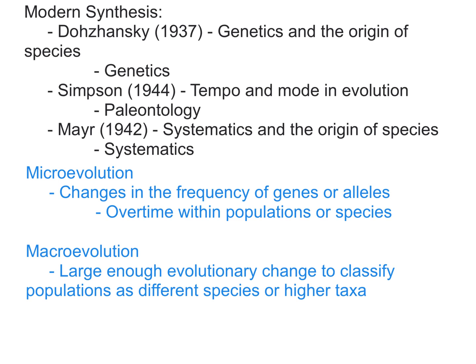And then this hasn't stopped here in the 40s and 50s. People have also come up with some fairly new and also big ideas that modify what we would call parts of the modern synthesis and modify our understandings.